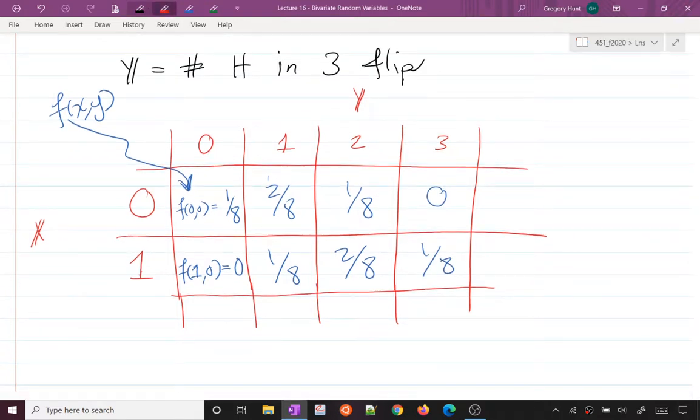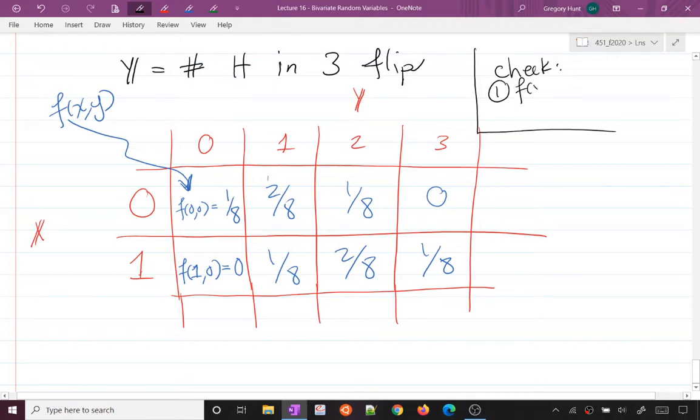So what you should be asking yourself at this point, as an aside, there's a theorem we said that f of x, y is always positive. Well, that seems true. Or always non-negative, let's say. It's 0, 1/8, or 2/8. Okay, that's certainly true.